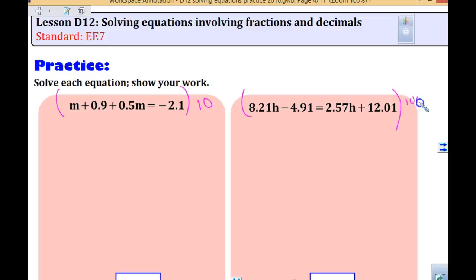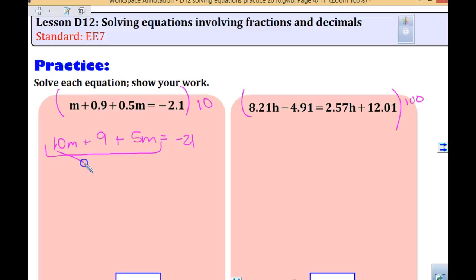100. Okay, we are not totally going to solve these, but here's the most common mistake that I'll see in this one. People will multiply and they'll put down m, and this should be 10m, right? And then it would be 9, and it would be plus 5m equals negative 21, okay? Hang on, I'll get your question in just a minute. Here's the other big mistake that I'll see people do.